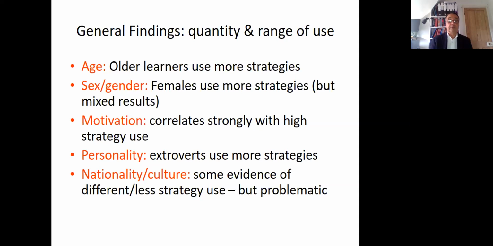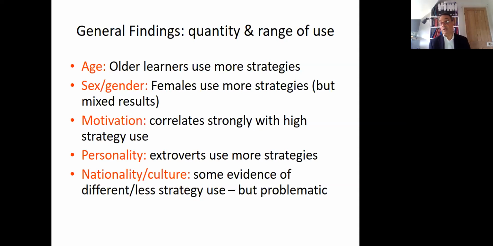Other more refined findings, if you like: age, older learners seem to use more strategies. I don't mean by older learners my age, I mean older learners, 13, 14-year-olds rather than 4 or 5-year-olds. Females appear to use more strategies than males, but kind of slightly mixed results on that. Motivation correlates strongly with high strategy use, which is not surprising.